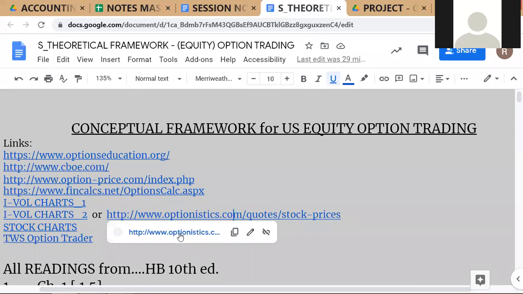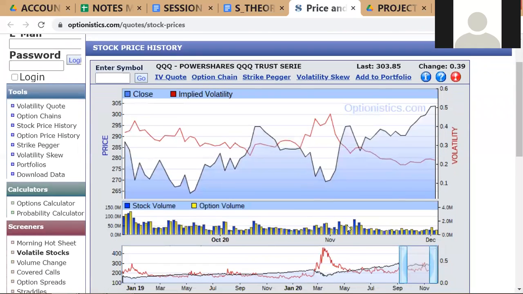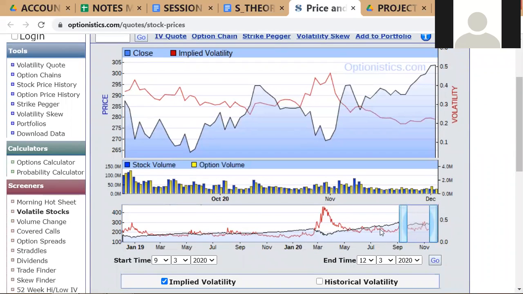So, sir, if we are looking at these graphs, do we have to revise it accordingly, or will one graph be enough?